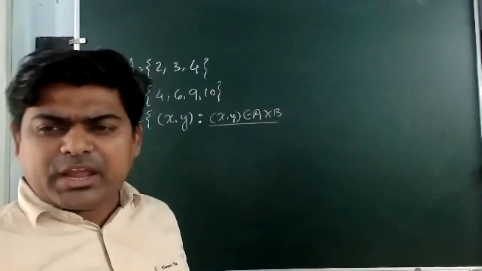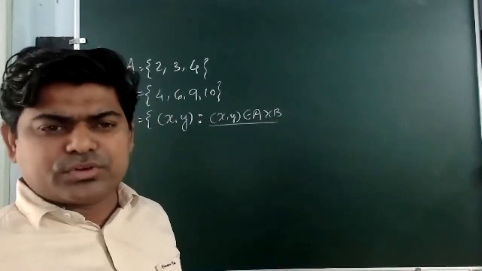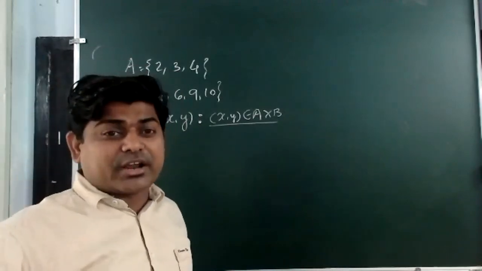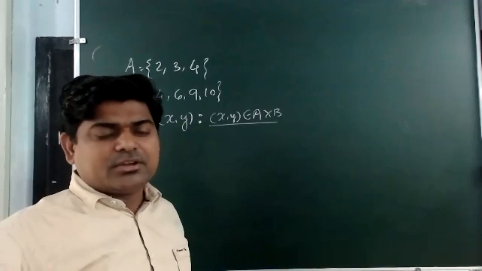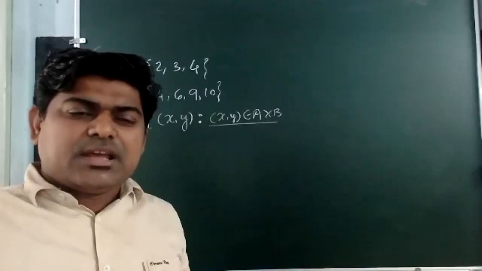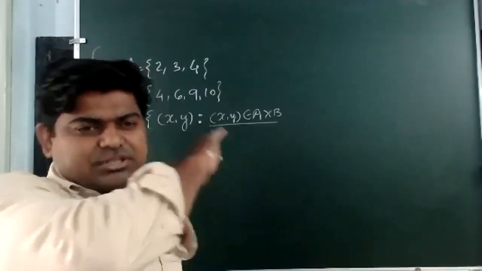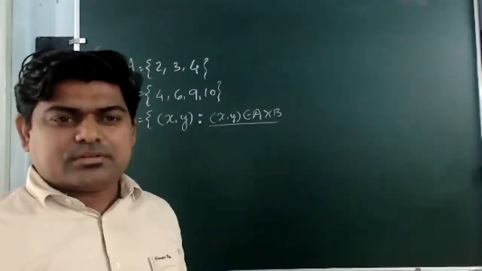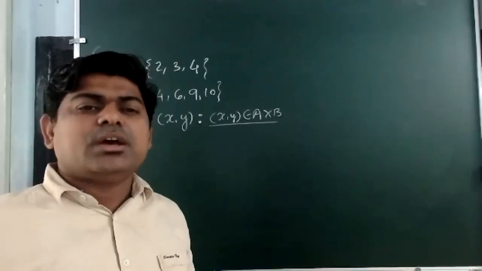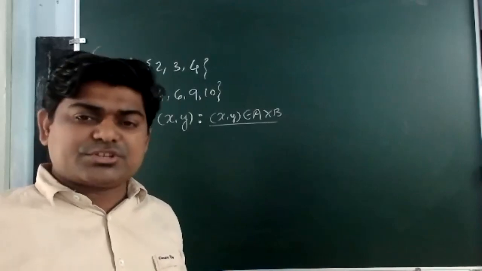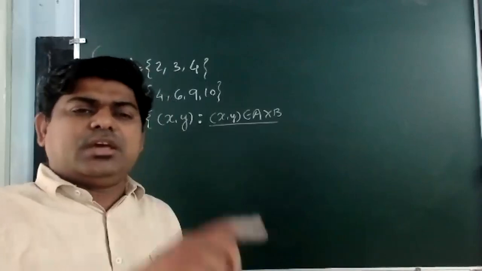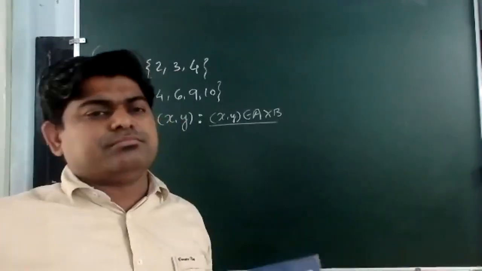X belongs to A and y belongs to B. You need not worry about this. You may ask, sir, in the previous question you didn't write like that, and now you have written like that. I don't think it will be a problem, because when we discussed A cross B, all these things were discussed: if (x, y) is an ordered pair belonging to A cross B, it means x belongs to A and y belongs to B.